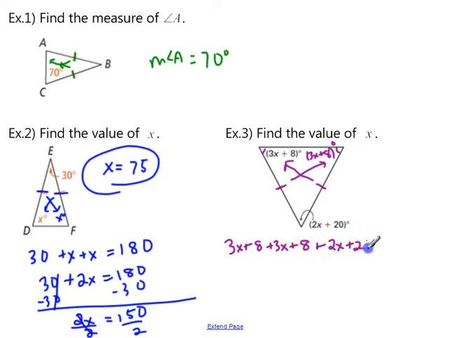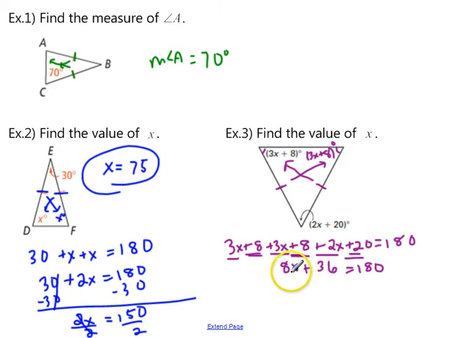plus 20 equals 180. So again, on this left side, first we want to combine like terms. So 3x plus 3x plus 2x gives us 8x. And then 8 plus 8 plus 20 gives us a positive 36, equal to 180.